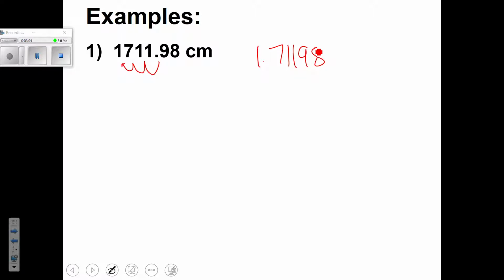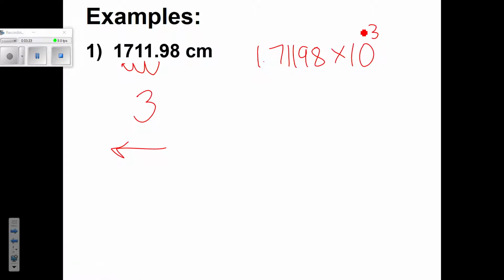And then we're going to have our power of 10, because that was the second rule, and we just need to know what is our exponent going to be. So we moved 3 places, and we move to the left, which means that exponent is going to be a positive 3. That is what that number would be represented in scientific notation.